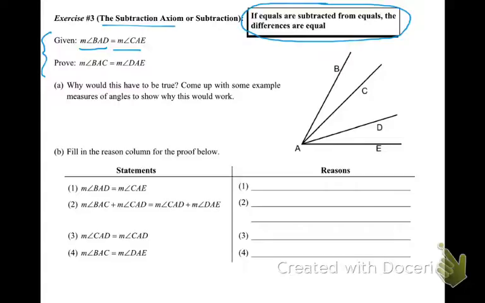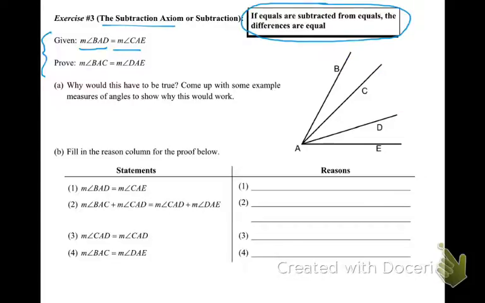Okay, hopefully you saw why they have to be equal. Let's assume that BAD is a certain degree measure. Let's say BAD is 40 degrees. It might be a little more, it might be a little less, this isn't necessarily to scale. And let's say that angle CAE is 40 degrees. Well, they both share angle CAD. So why do those end up having to be equal?